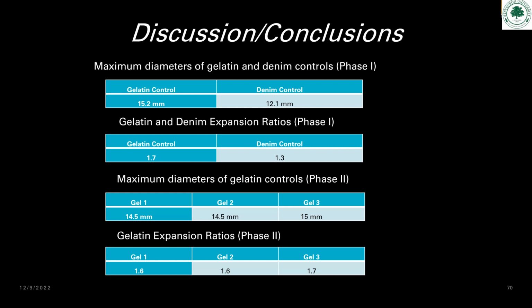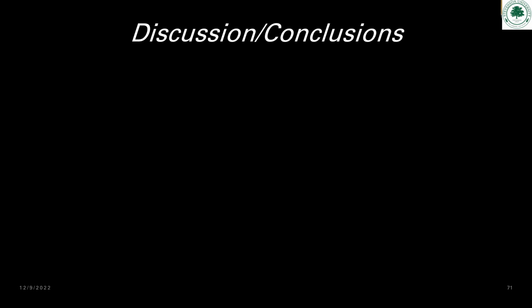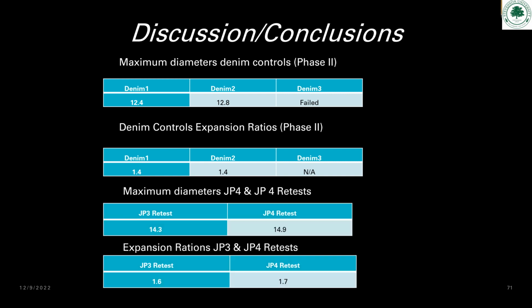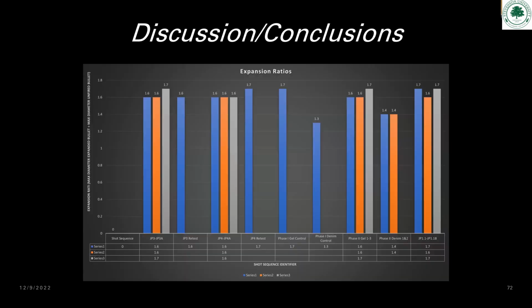We have much different expansion ratios than the denim, 1.6, 1.7. Right, here's the denim in the phase 2 testing, 3 shots through the denim, 1.4, 1.4, and of course that third one that failed to expand, it's not applicable. Right, the JP3 and the JP4 retests during the phase 2 experiments, those were 1.6 and 1.7 respectively.